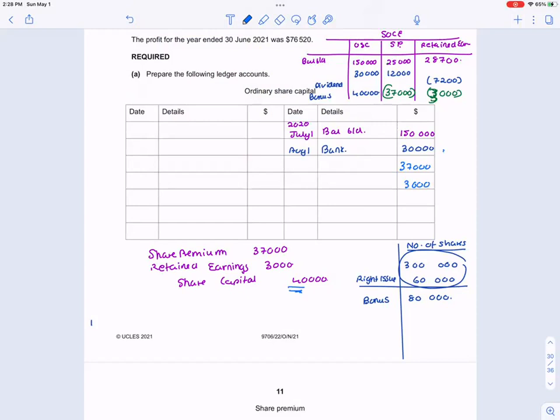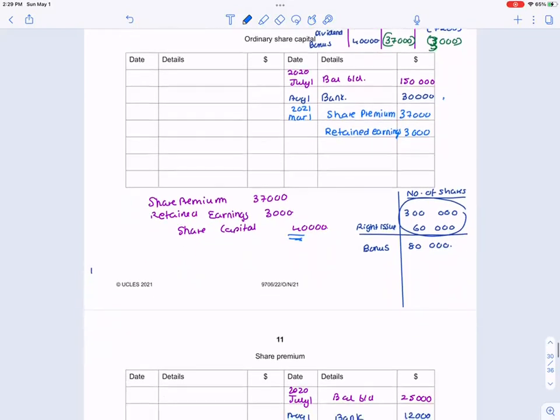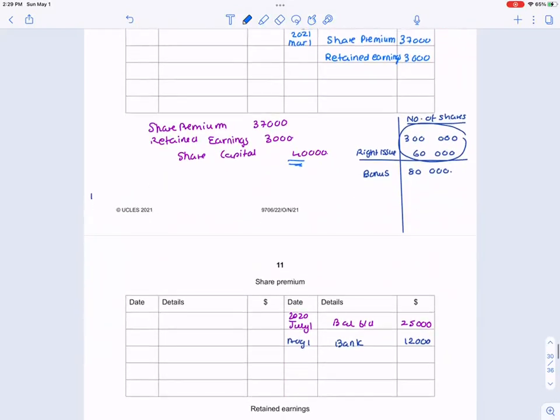What are you using? You're using share premium and you're using retained earnings. Let's go to share premium account. Share premium is debit.